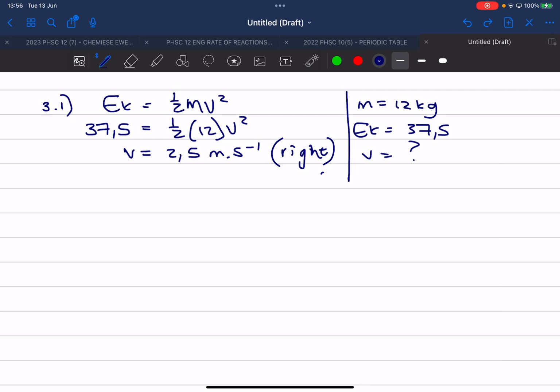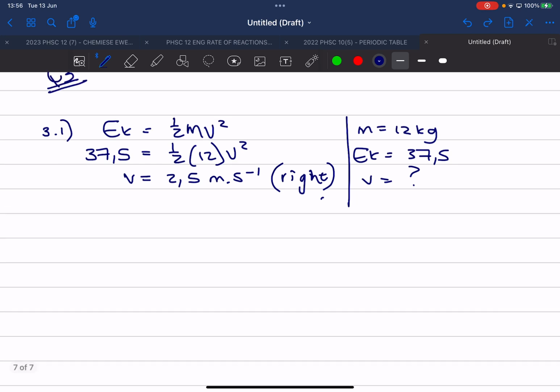Daai moet jy uithaal. Dis verkeerd. After the collision, the speed of the trolleys is 3.2. Haal dit uit. Okay. So the velocity afterwards is not 3.2. Jy haal dit weg. Dis nie 3.2 nie.